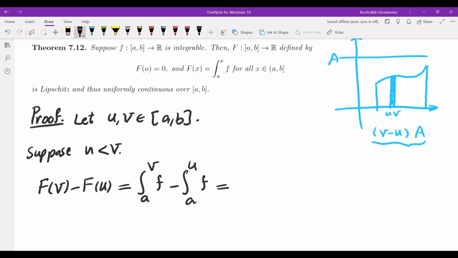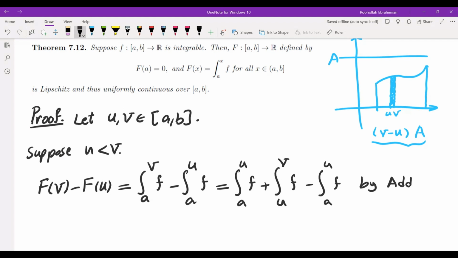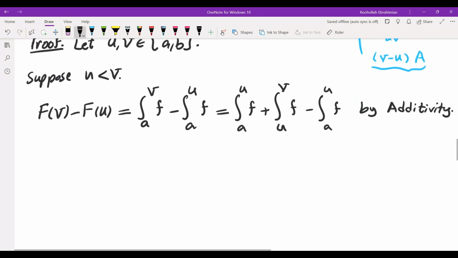The integral from a to v, by additivity, is the integral from a to u plus the integral from u to v, minus the integral from a to u of f by additivity. And that is equal to the integral from u to v of f.